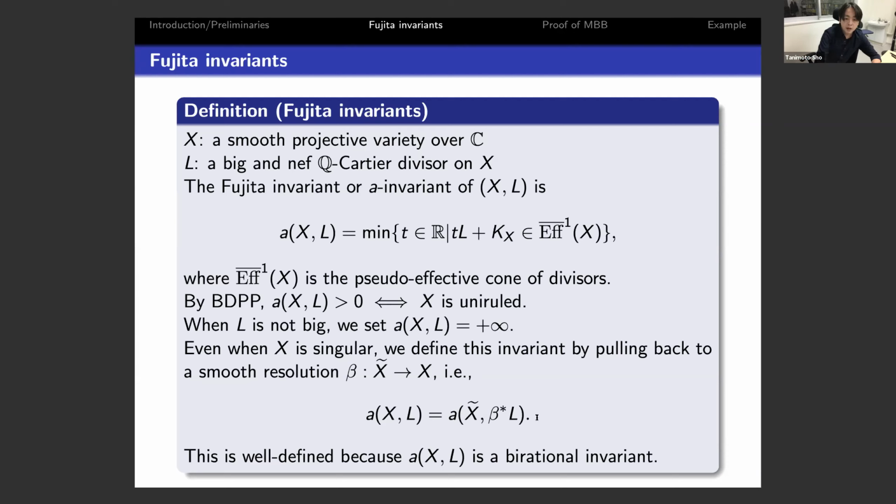A related invariant was first studied by Fujita under the name of Kodaira energy, related to the classification of polarized algebraic manifolds and varieties. Anyway.